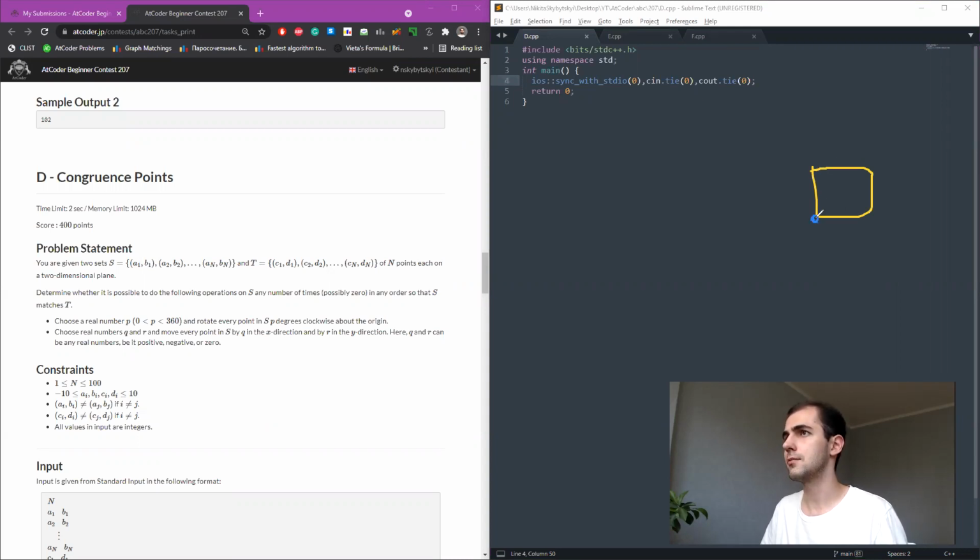You want to rotate it about that point, but your origin is all the way here. So what you do is you first translate it here. Now you can rotate it.